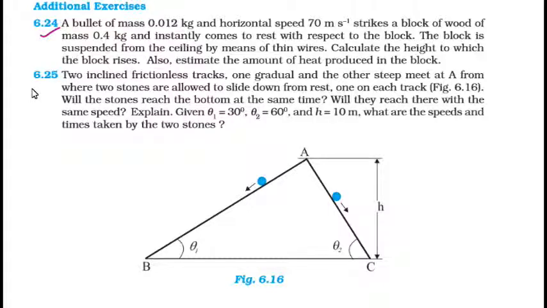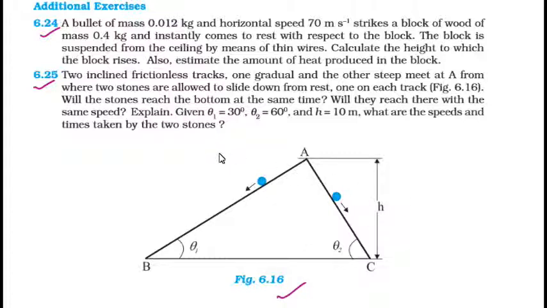So now we'll see the problem number 6.25. Two inclined frictionless tracks, one gradual and the other steep, meet at A from where two stones are allowed to slide down from rest, one on each track, Figure 6.16.